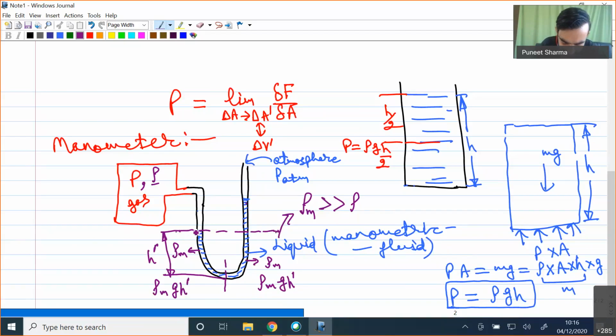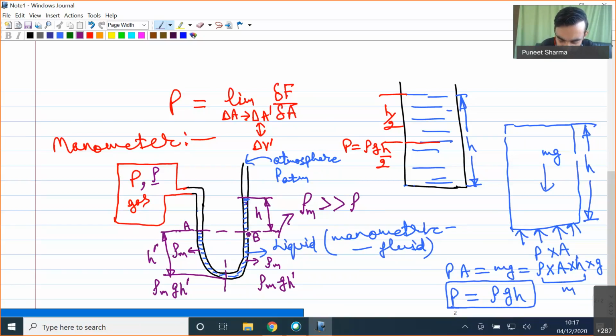Now let us consider that with this reference point, the rise of the manometric fluid inside this tube is equal to, say, h. If I call the left branch point A and the reference point corresponding to the right branch B, and I have to find the pressure at point B, what will it be?